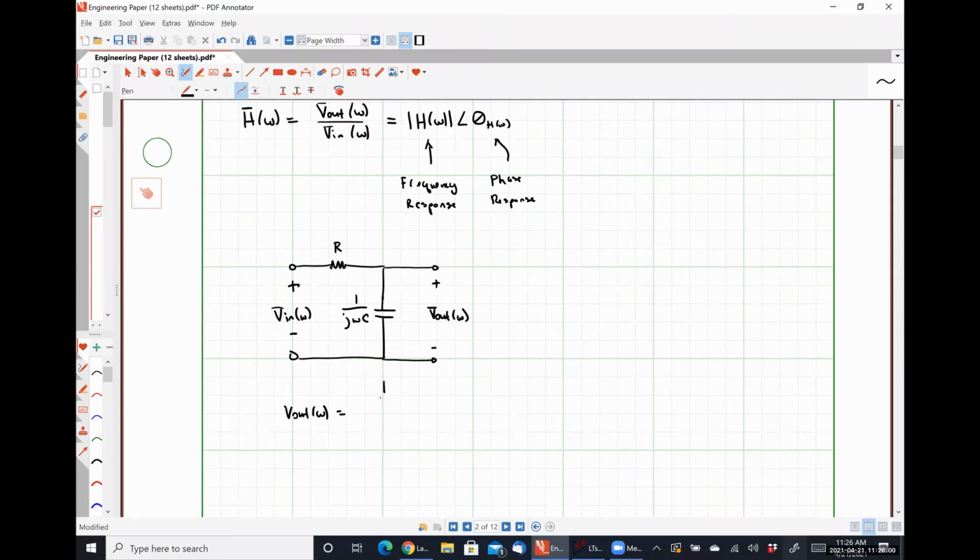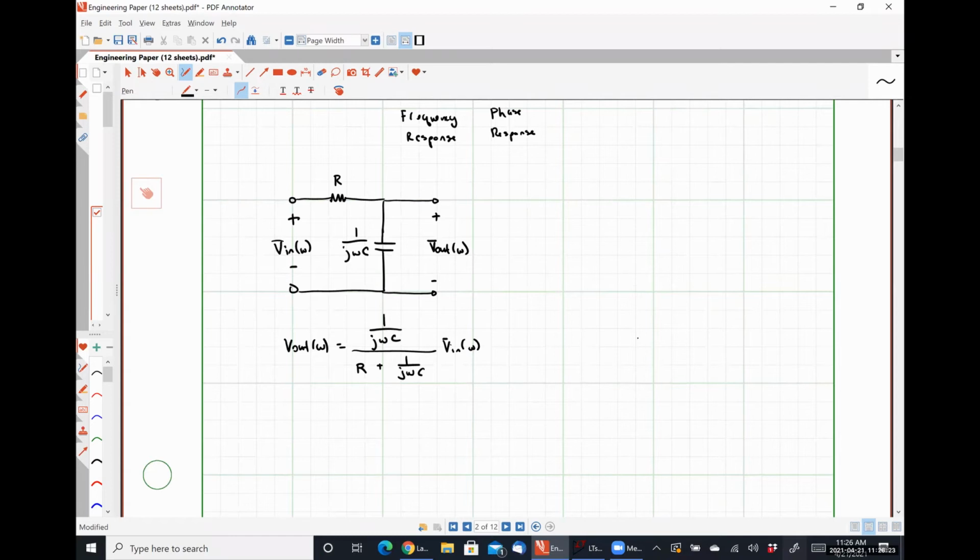So that's going to be the impedance of the capacitor, 1 over j omega C, divided by the total series impedance seen by our input signal, which is going to be R plus 1 over j omega C. And this all gets multiplied by V in of omega, giving us a transfer function, H of omega, equal to 1 over j omega C divided by R plus 1 over j omega C.